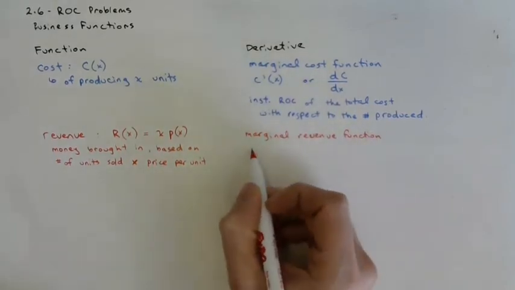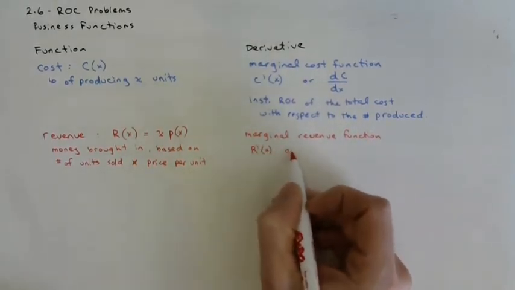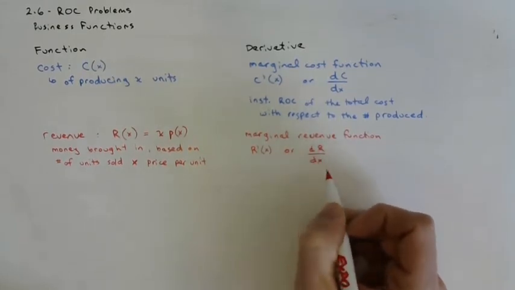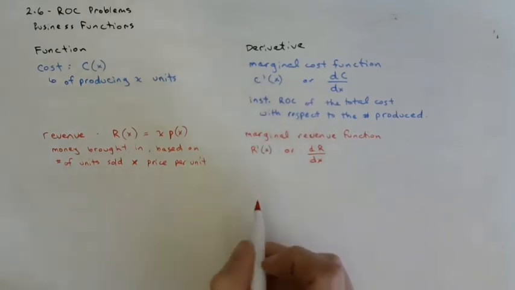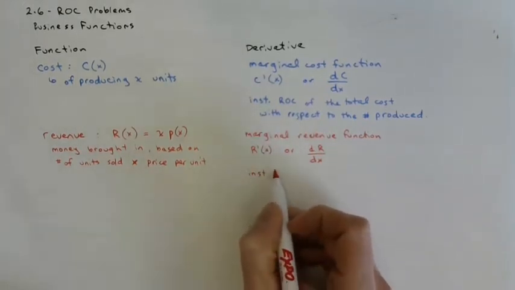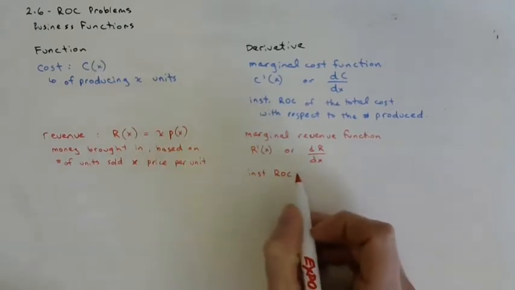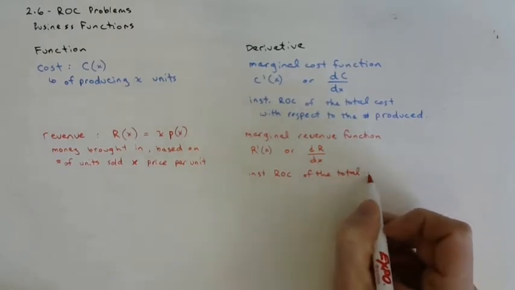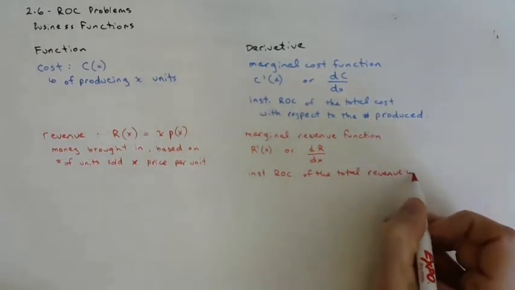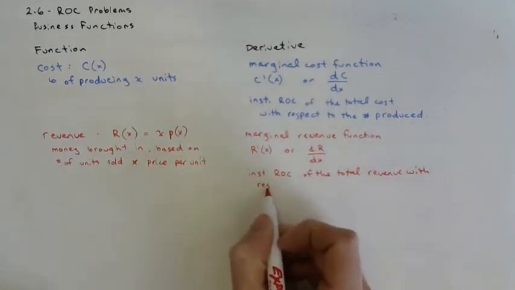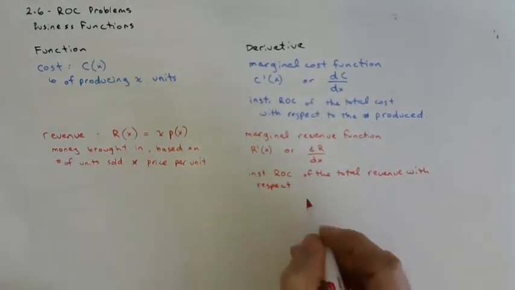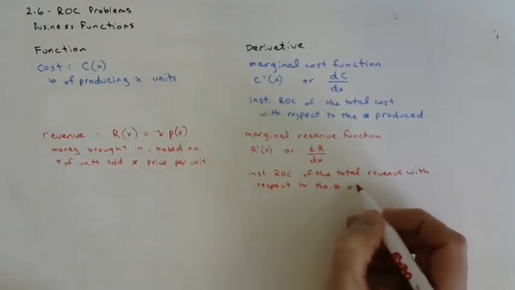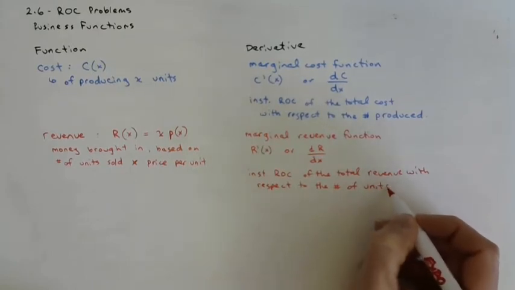It is denoted R prime of X, or dR by dx. And again, that would give you the instantaneous rate of change of the total revenue with respect to the number of units sold.